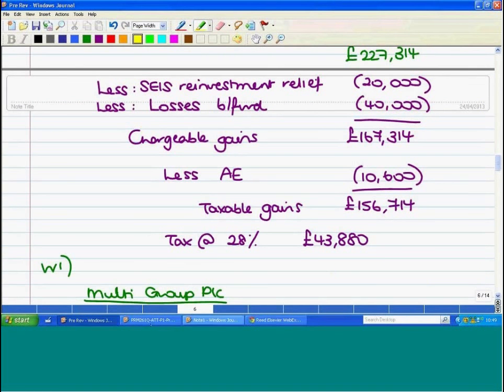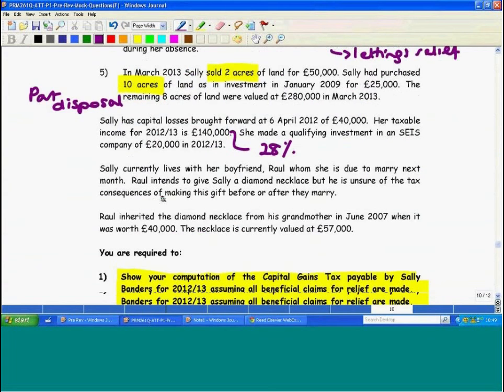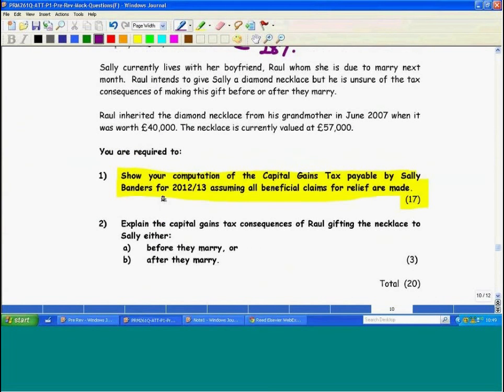Now the very final part of that question, if we just go down, was talking about the CGT implications of gifting the necklace before they marry or afterwards. So the necklace that we've been told about is worth 40,000 when it was given originally from his grandmother, and it's now worth 57,000.